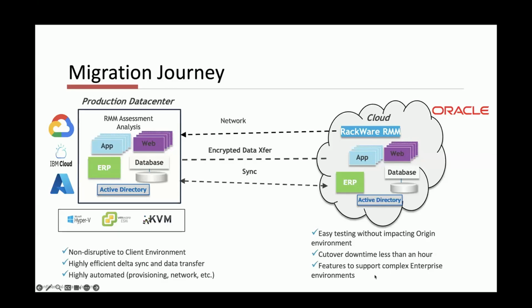Now, we are present in Oracle Marketplace, so very easy for you to deploy the RMM instance from there and get going. Now, the RMM instance sitting on the destination side must then have L3 connectivity with the individual unique IP addresses of each of the source servers which are to be migrated.